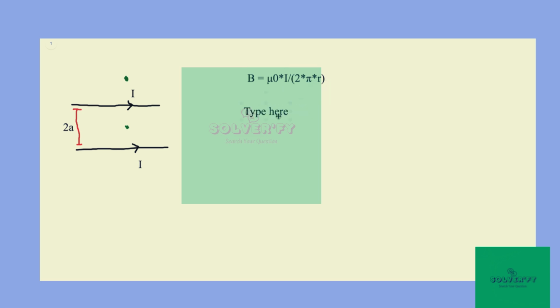So I'm just going to explicitly write that again, where we have the magnetic field from the upper wire, and then we're going to want to add that. So this is a distance A from the upper wire, so I'm just going to plug that in here. And now we want to consider the lower wire. It's going to be the same, the current is going in the same direction. So we again are just going to plug this in here, except now this is a distance of 3A, because we have 2A and then another A from this point up here.